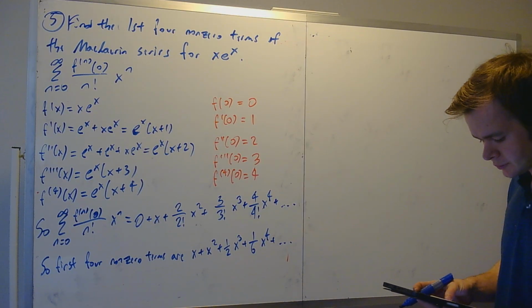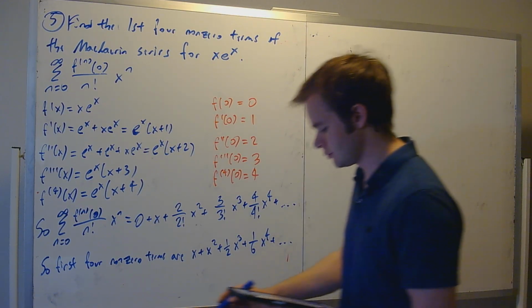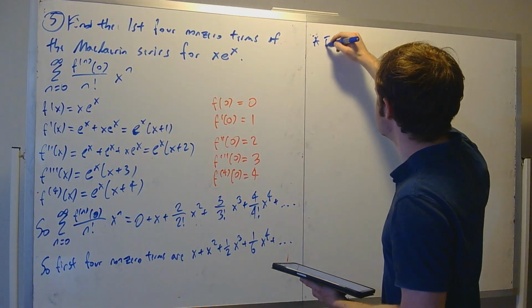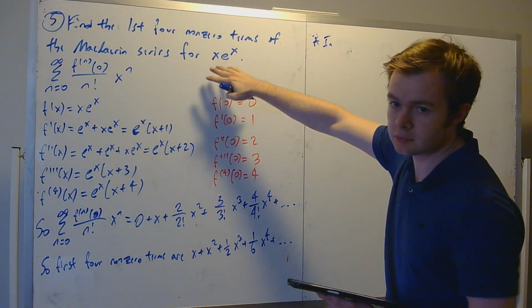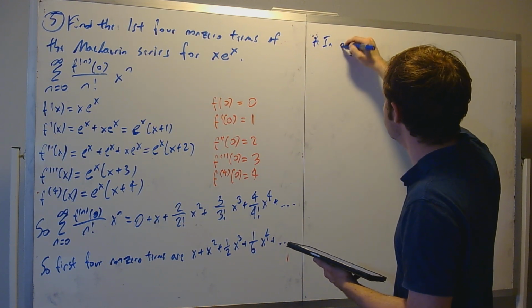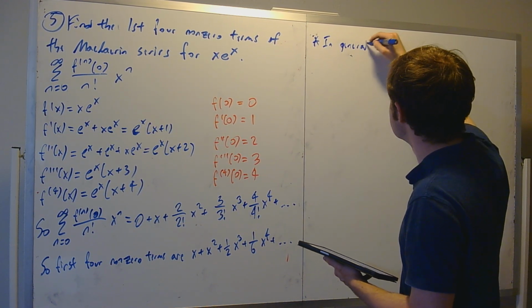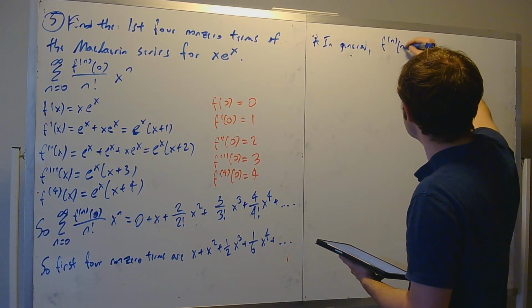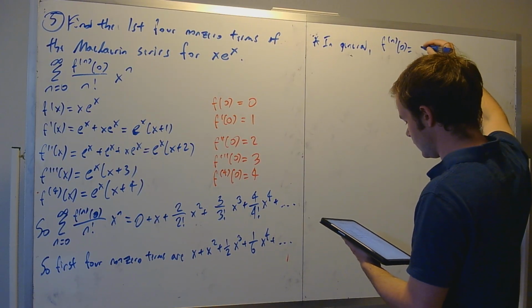And in general, let's say here, so we've answered the question, but I'm just going to say one more part here. In general, the nth derivative evaluated at 0 is going to be n.